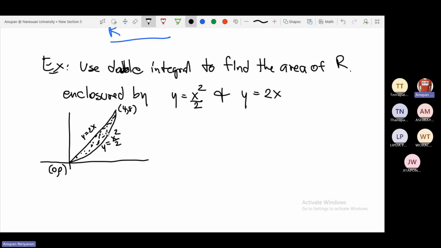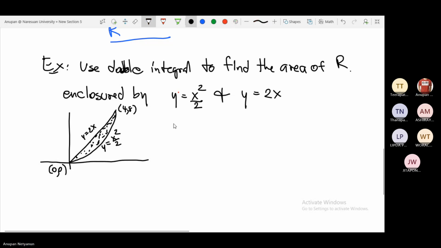As I told you, the function is in the form of y equal to, so it's good for the running number, okay? So you might want to integrate with respect to y first, okay? Now, I want to find this area, right?